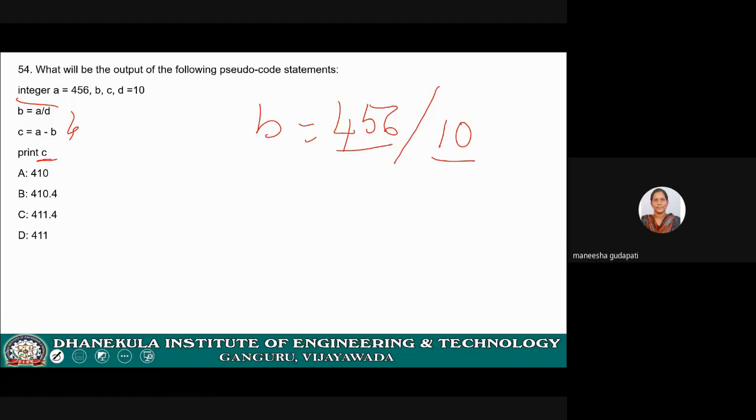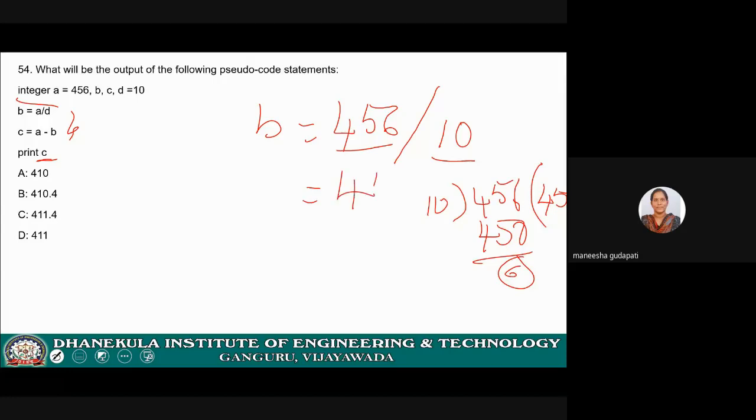So what is the possible output? Here we will get the quotient of this division. If I perform 456 divided by 10, I will get the quotient value, that means 45. So 45 is the B value.